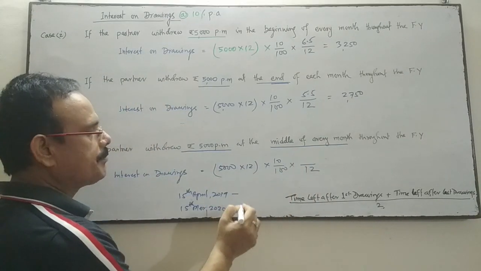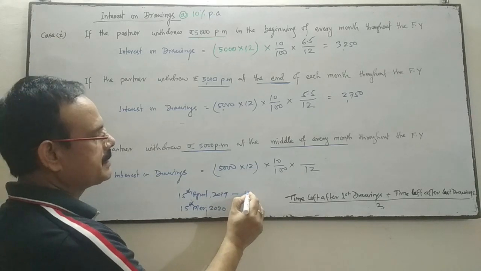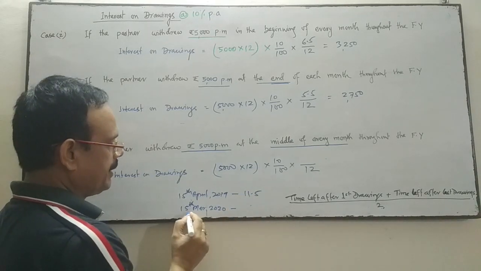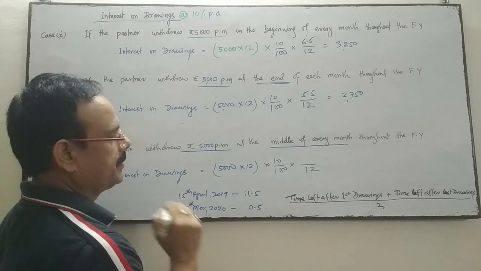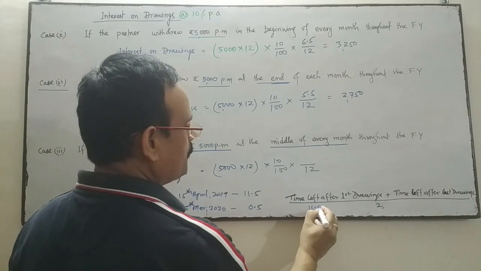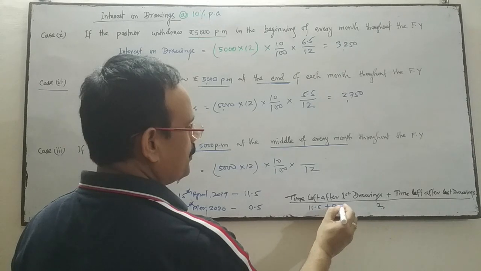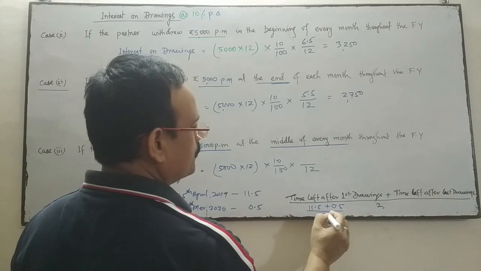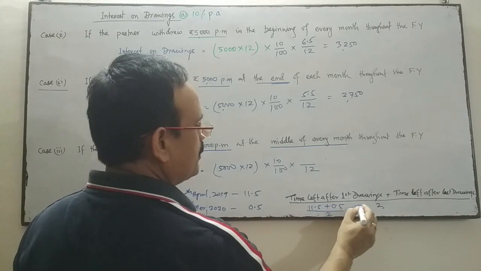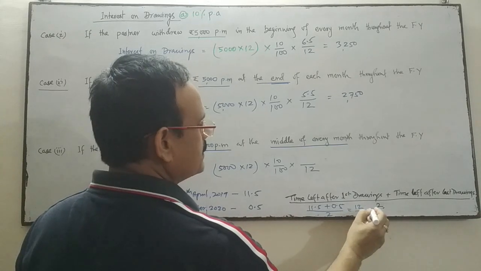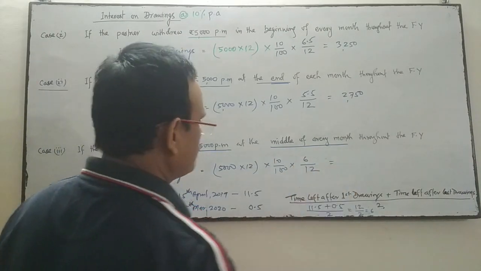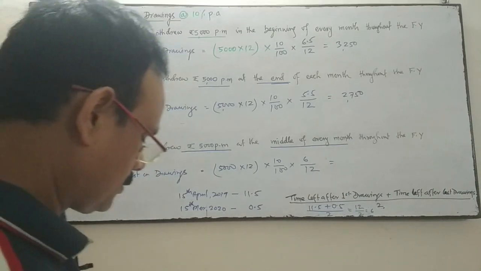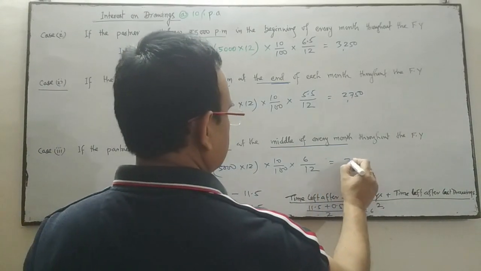So 15th April to 31st March is 11.5 months, and 15th March to 31st March is 0.5. So 11.5 plus 0.5 upon 2, so 12 upon 2, it is 6 months. So interest will be charged for 6 months. So it is 3,000.